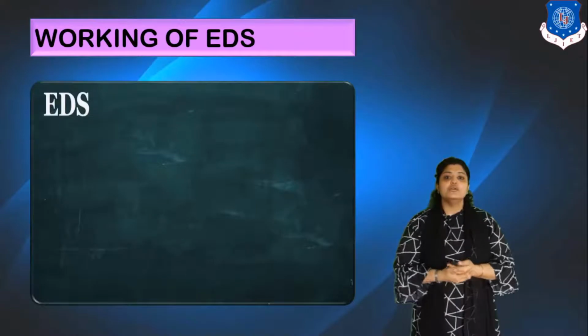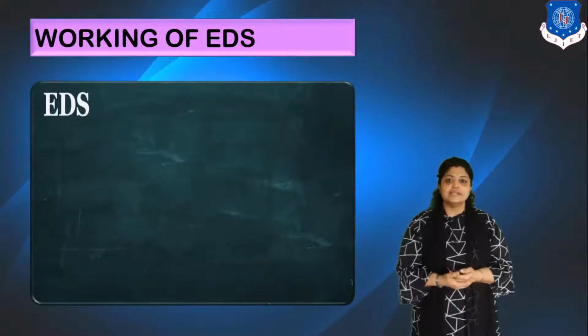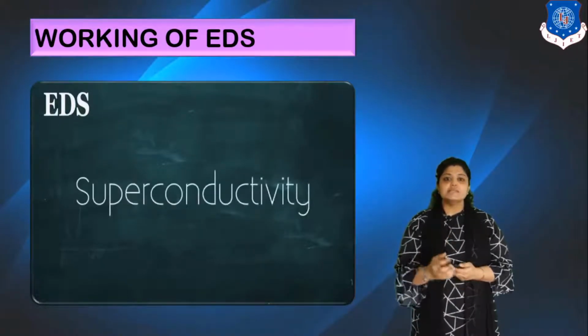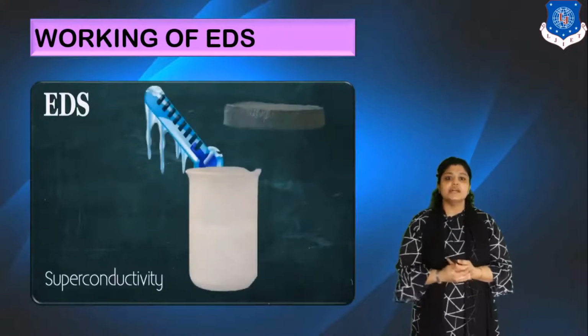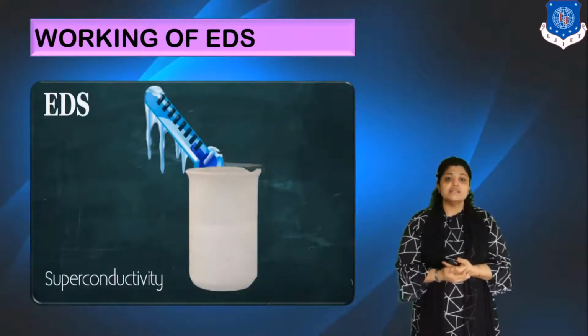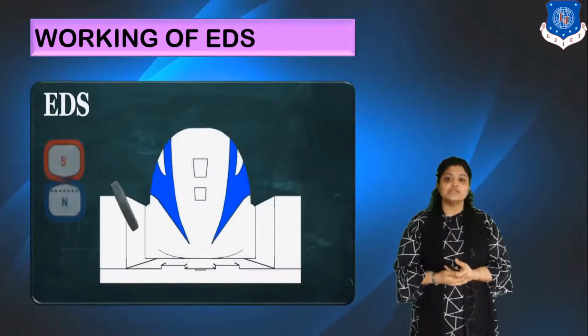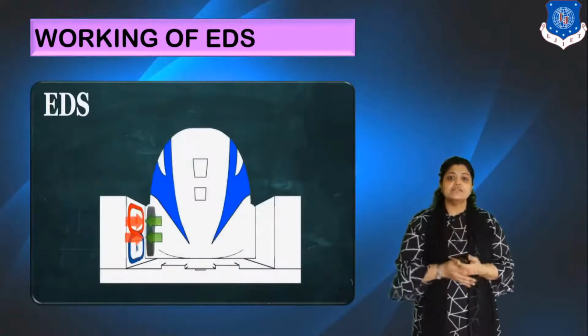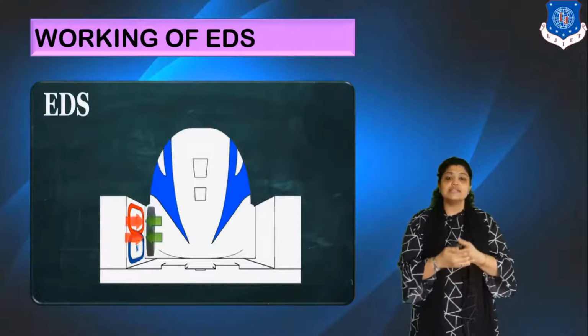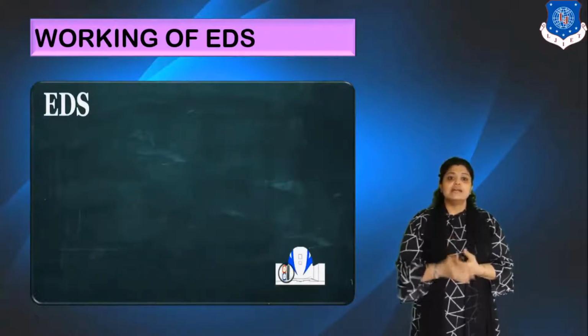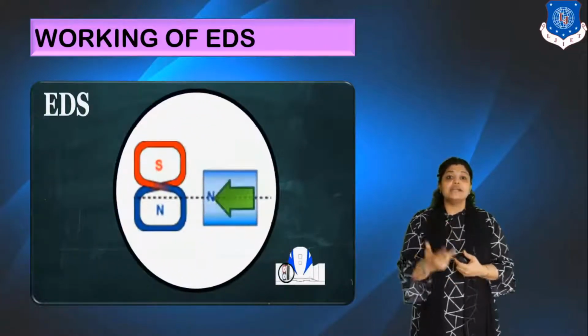Now let's have a look at the working of the EDS system. The EDS system, as I said, uses superconductivity. Superconductivity means the material is cooled down with the help of liquid nitrogen. The magnets are placed on the side of the train. And let's see how it levitates.